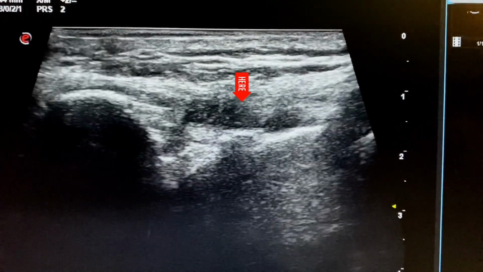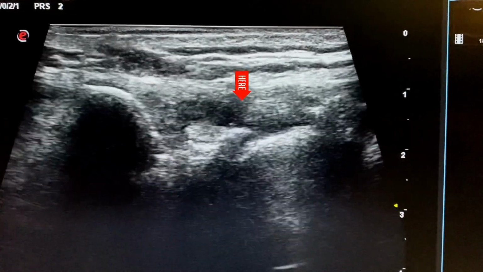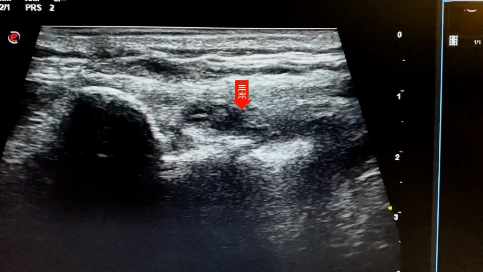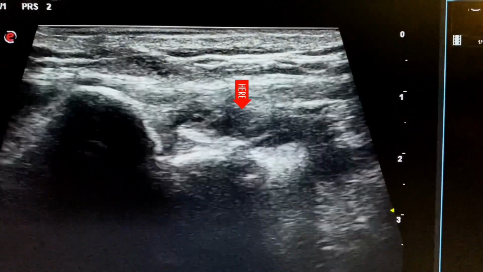Here we see minimal fluid collection also present in the subcutaneous tissue around the lateral side of the knee joint.